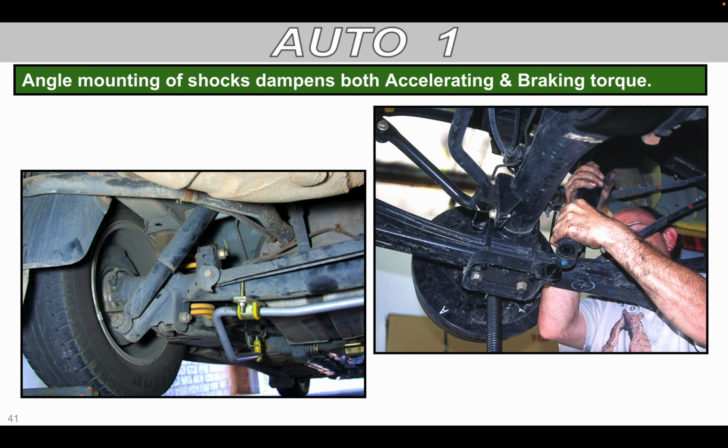In most cases, we want that shock absorber to be perpendicular to the force that's pushing on it. So if my spring is straight up and down, I want my shock absorber straight up and down. That's going to provide the greatest amount of dampening force applied to that spring.